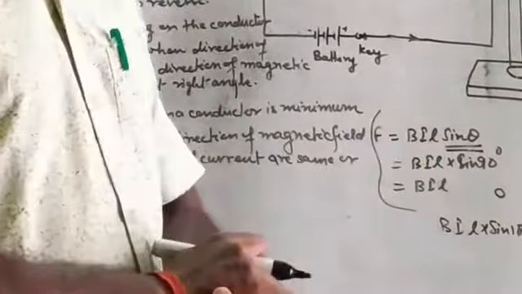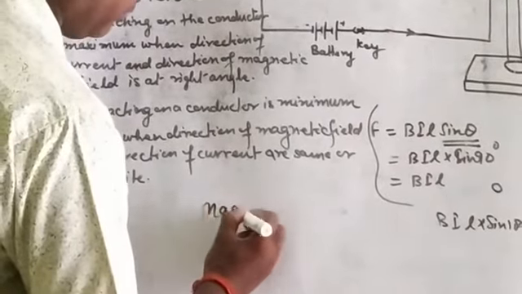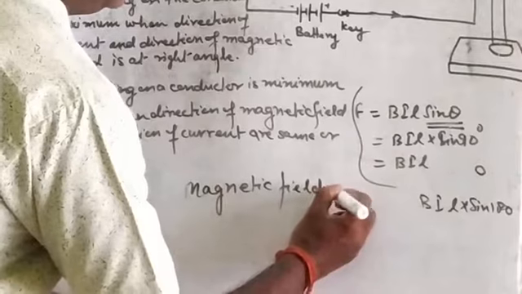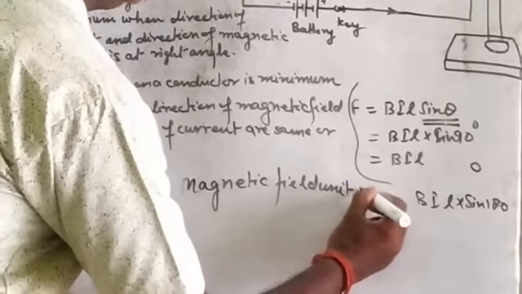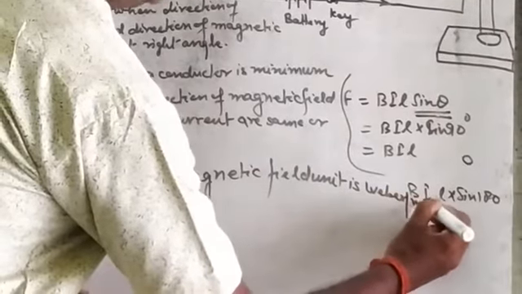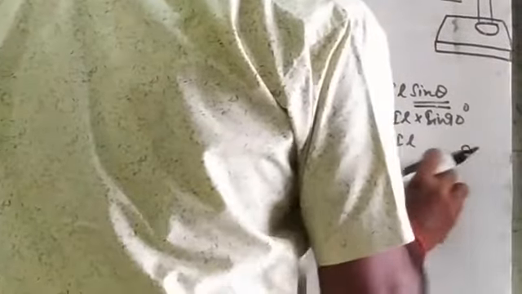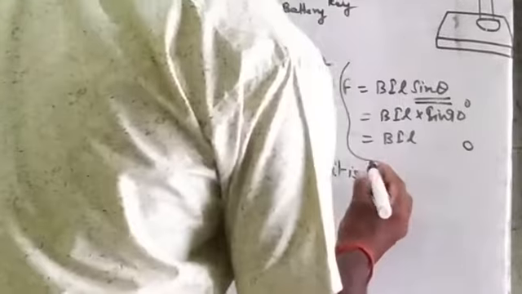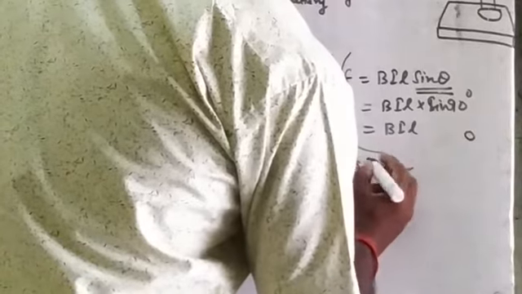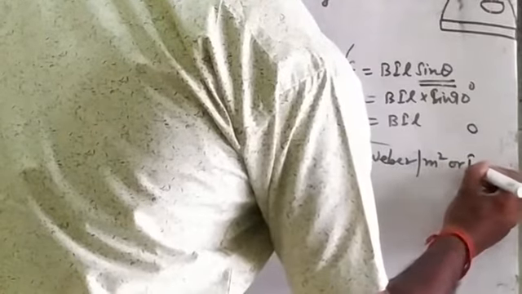But the unit of magnetic field is Weber per meter square or Tesla.